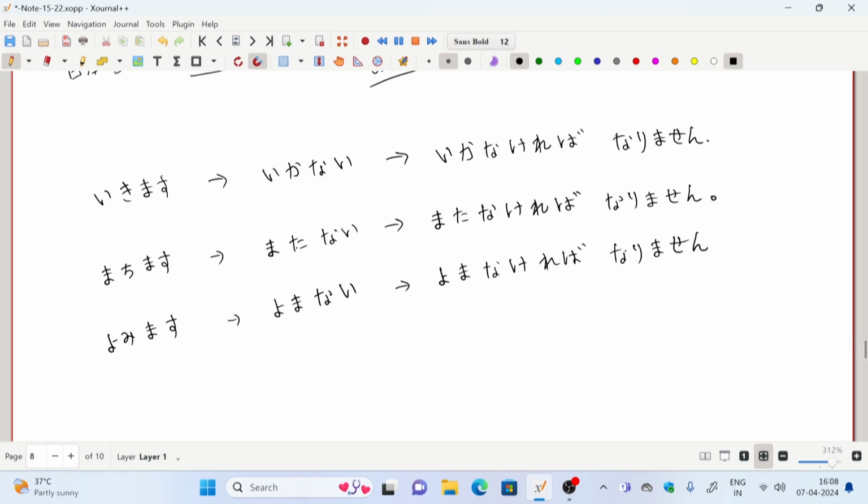So if I say I must go to school, watashi wa gakko e ikanakereba narimasen. I must wait, matanakereba narimasen. I must read, yomanakereba narimasen. So this is how we use the pattern nakereba narimasen, which is something that has to be done. Thank you.